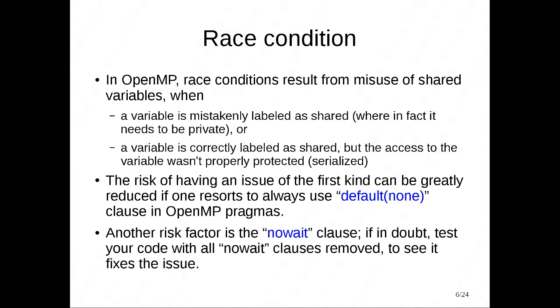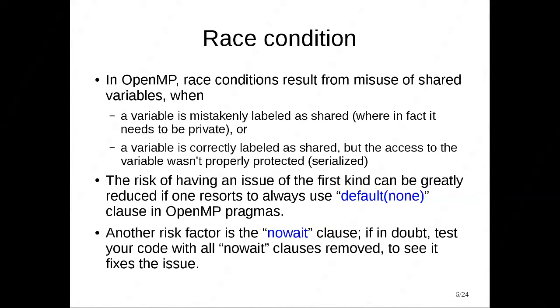The second situation is when you're a more experienced programmer. You know that a variable has to be shared, so you label it as such, but you forget to serialize access to that shared variable. Shared variables are dangerous only when you update them. When threads start updating shared variables, that's when you create the condition for a race condition.